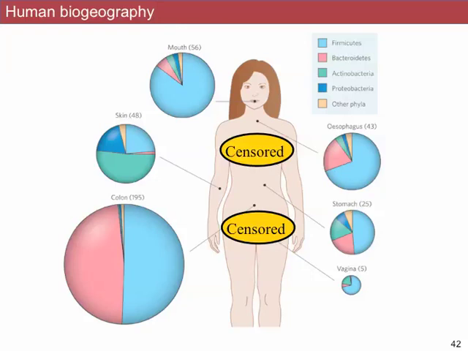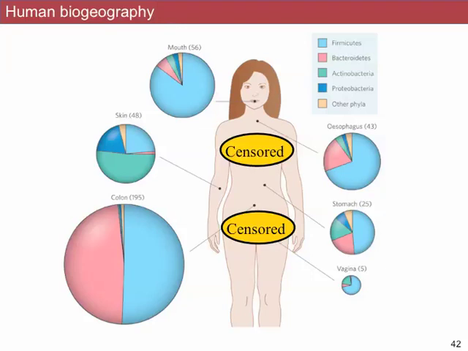And if you look, for example, at the relative abundance of these different phyla in different sites, in the colon, you find it's dominated by just 2 of the phyla, firmicutes and Bacteroidetes. Yet on the skin, you have an enormous increase in the abundance of actinobacteria, the high GC gram-positives. And you have different relative abundances in the mouth, the esophagus, and the stomach, the vagina, and other places that you look for microbes.